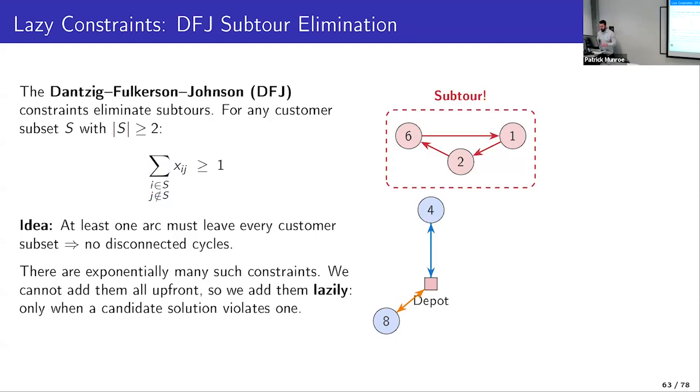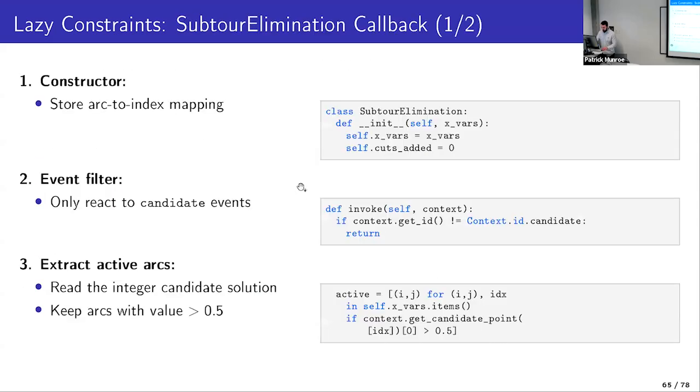We relax for capacity, so we'd have to add some other constraints for the capacity. But just for the sake of teaching you how callbacks work, this is sufficient. And so what we do here is that when we create the callback, we add some.